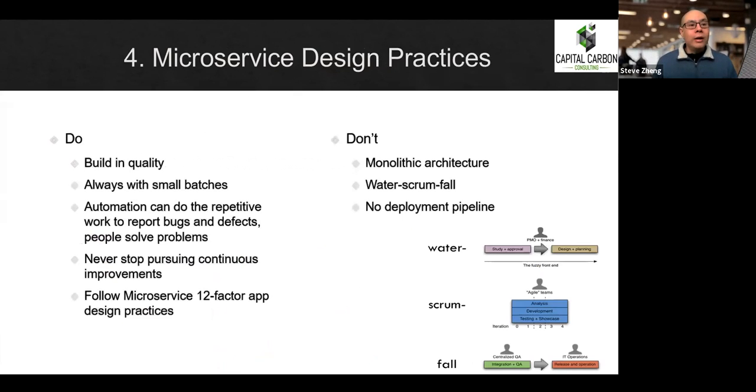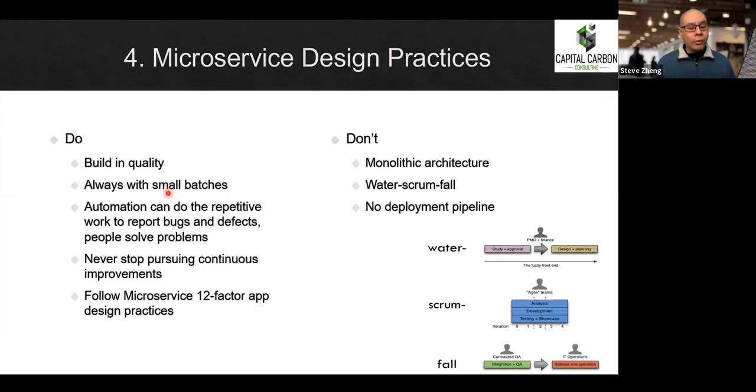The following prerequisite is the microservices design. We have do and don't. In the do part, we build in quality. That can match the methodology of TDD.